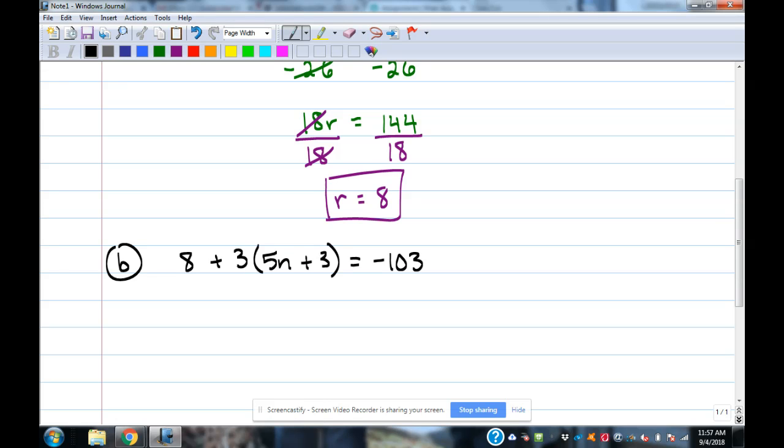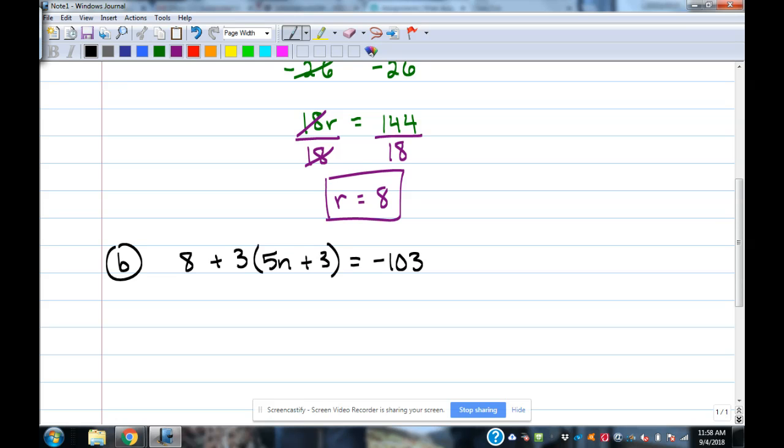But again, you're going to follow order of operations before you do anything else. So if we're following order of operations, parentheses comes first. So we're drawn to this area here. What gets distributed to those parentheses? What kind of 3? Positive 3, because it's plus 3. So we're going to distribute +3 to both the 5n and this plus 3.